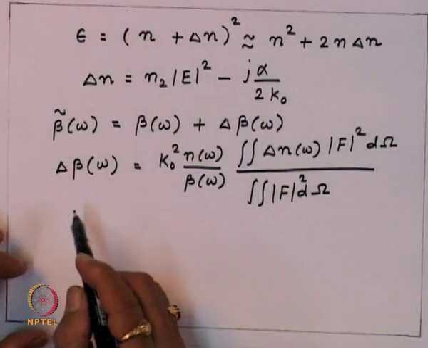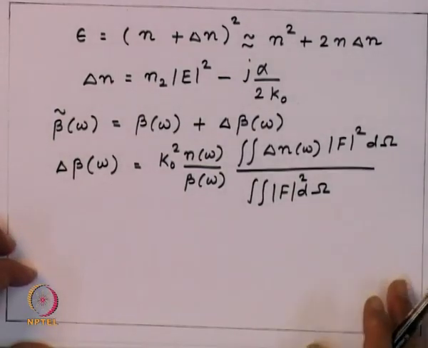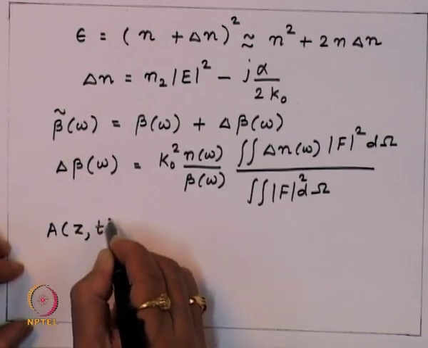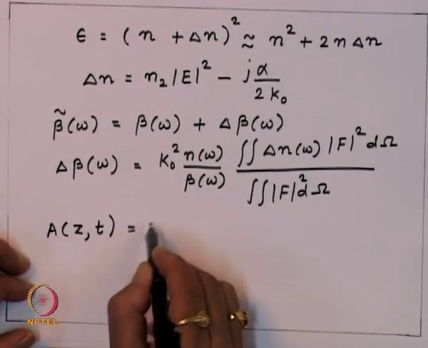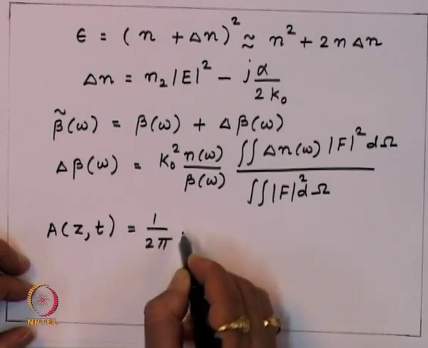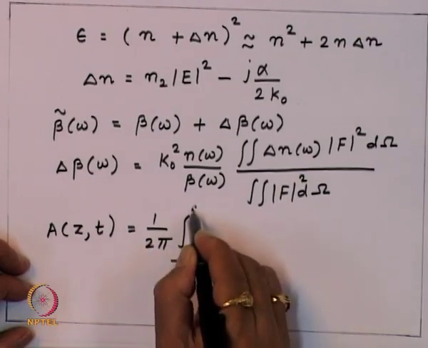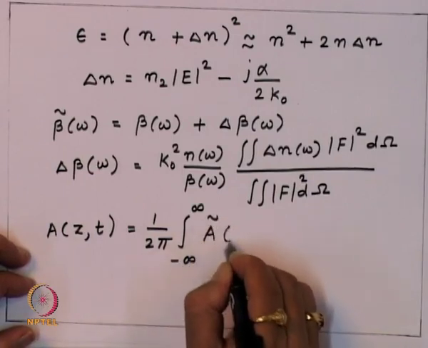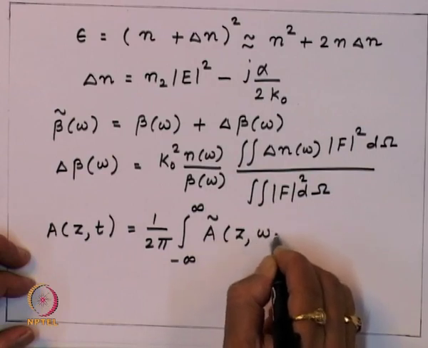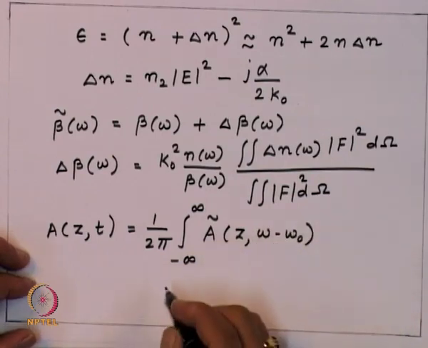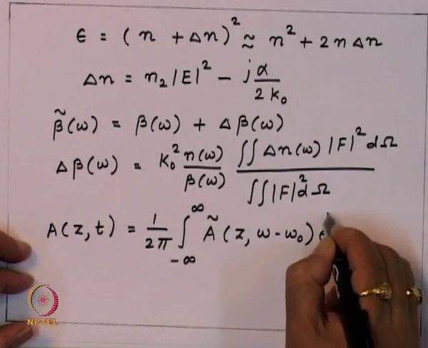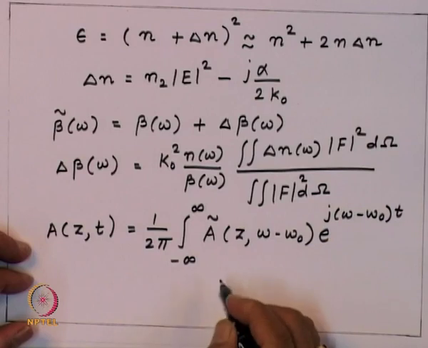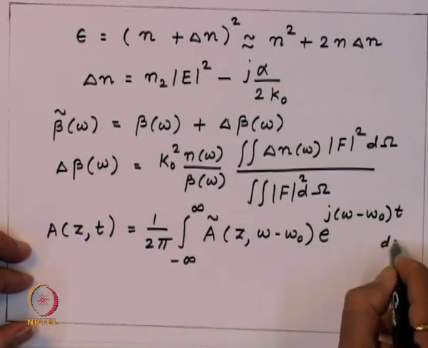If we now define the inverse Fourier transform for the envelope, so I say this is A of z and t, which is equal to 1 upon 2 pi, integral from minus infinity to infinity of A tilde, which is the envelope function as a function of z and frequency, times e to the power j omega minus omega naught t, d omega.